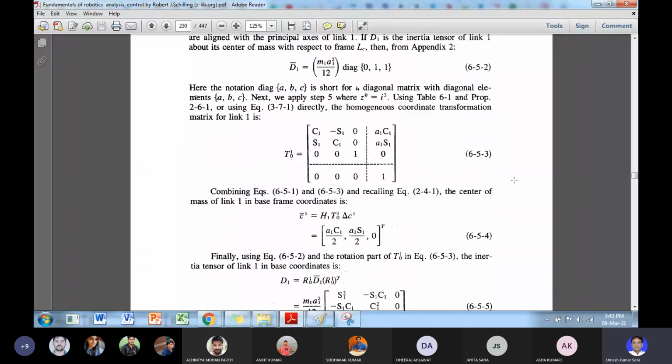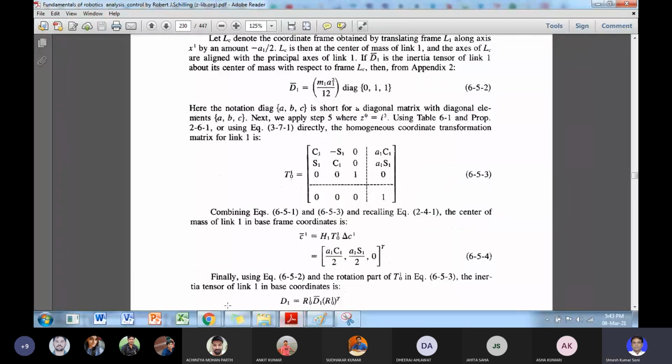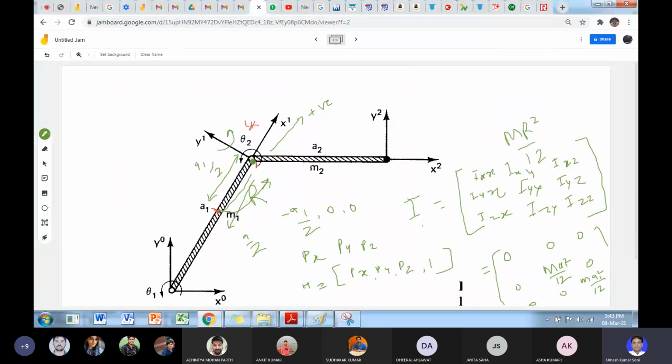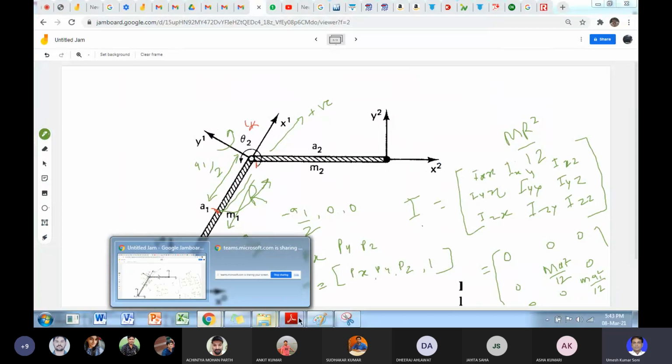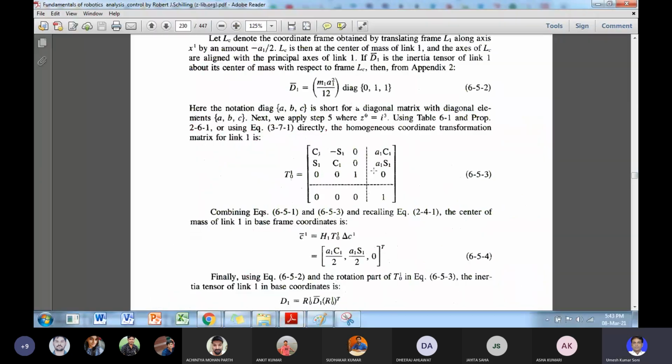Okay, here we have the complete homogeneous transformation matrix T10. This is for conversion from this coordinate to this coordinate, the transformation of LK to L0. Okay, so this is the complete transformation matrix.